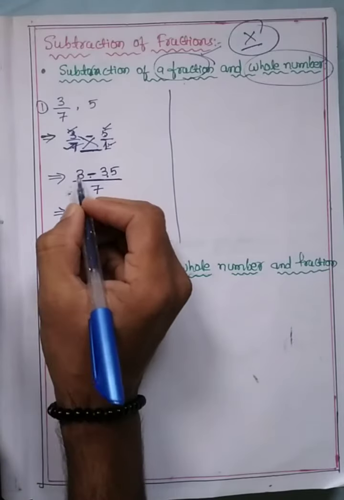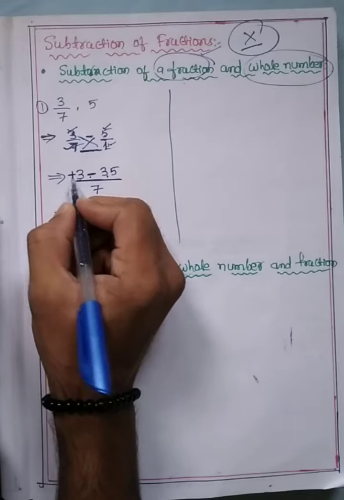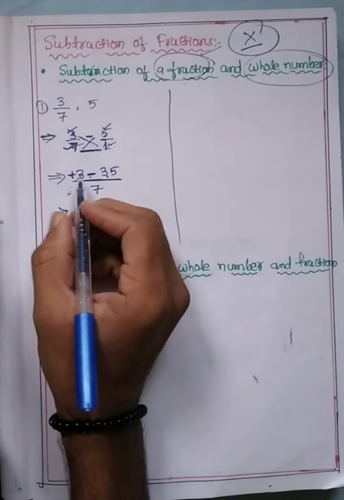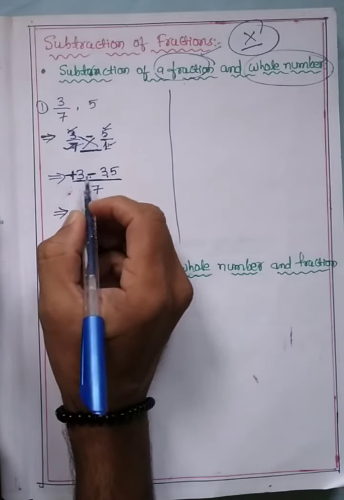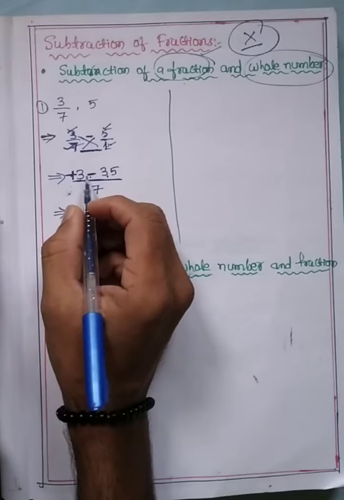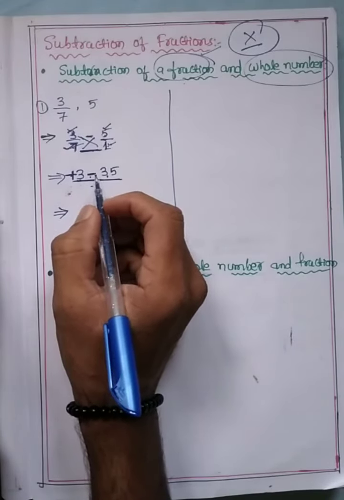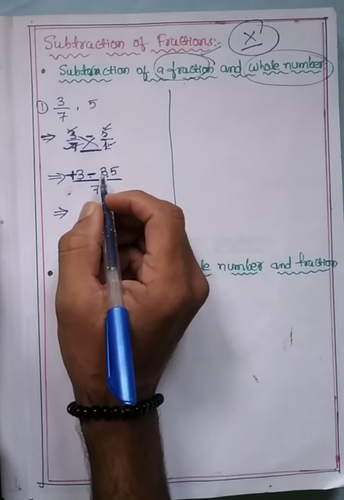Don't get confused. If there is no sign, then you consider that a plus sign is there. If there is one plus and one minus, what can you do? We already discussed this very clearly in our previous class, that is basic operations on integers.